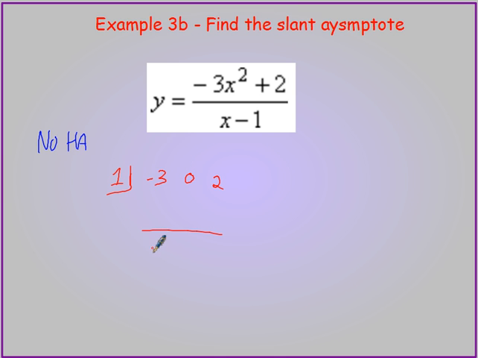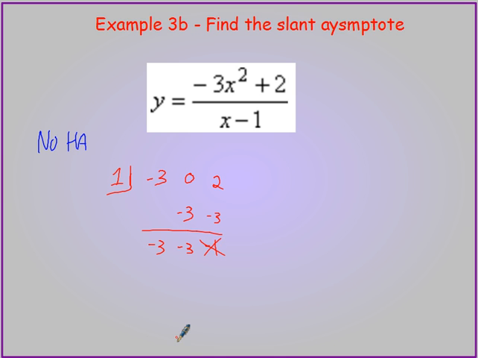Drop the first one, so that's a negative 3. And now 1 times negative 3 is? Negative 3. Add. Negative 3. Multiply. Negative 3. Add. Negative 1. What does this represent? Don't worry about it.